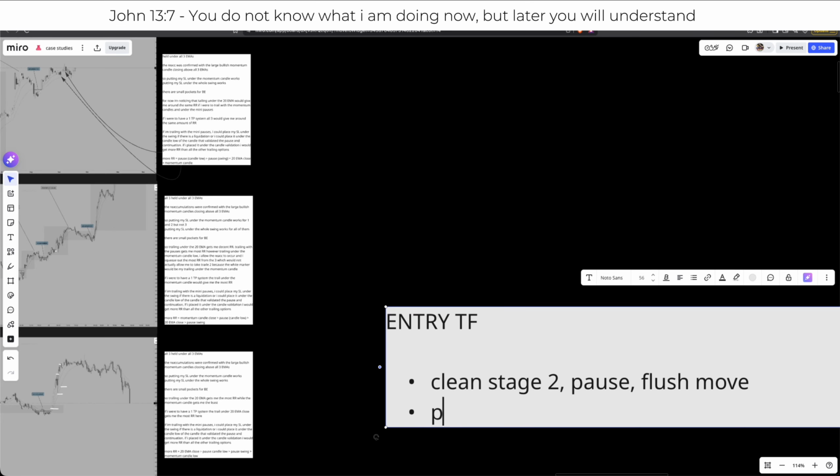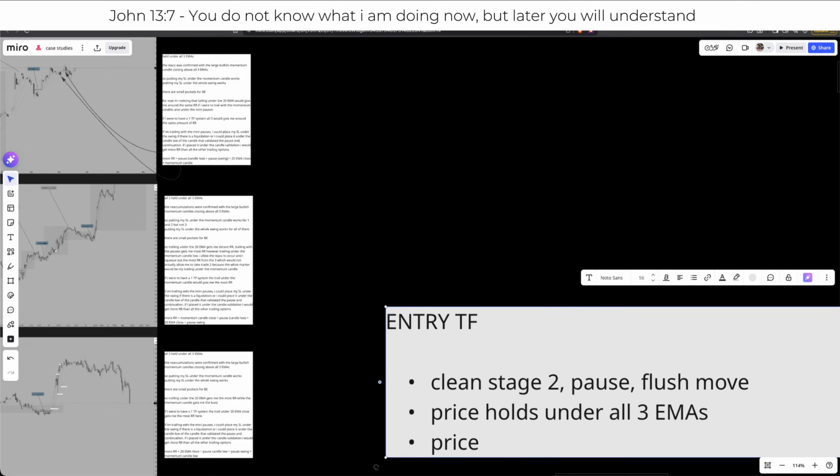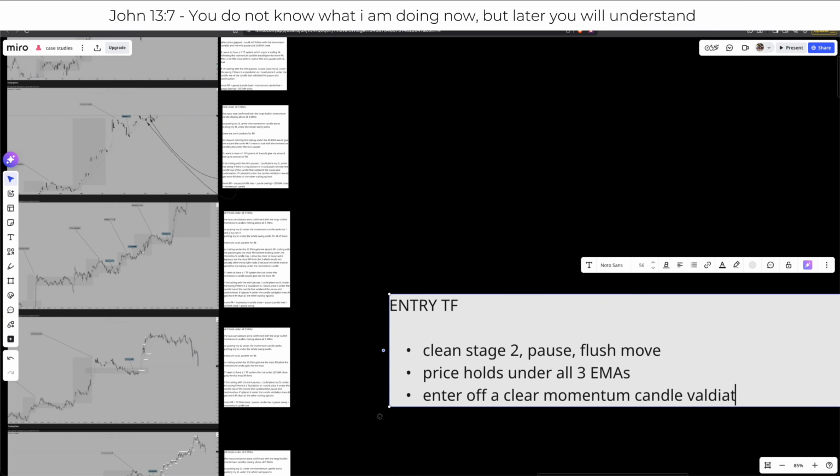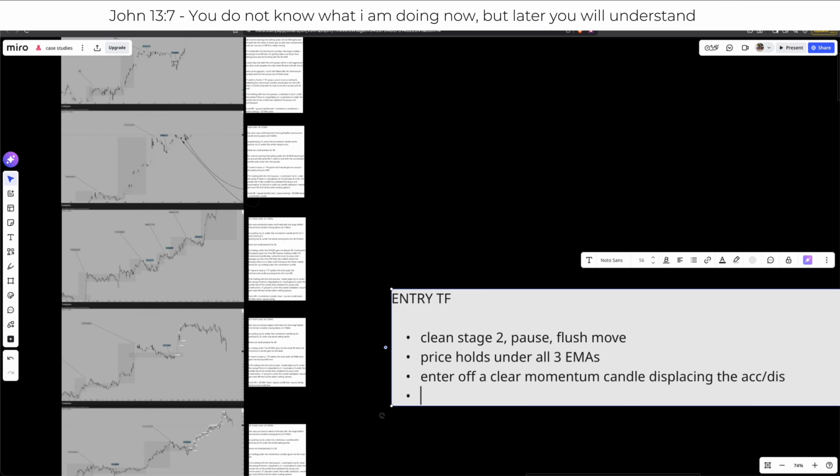Then price holds under all 3 EMAs. You enter off a clear momentum candle, validating the displacing accumulation / distribution.